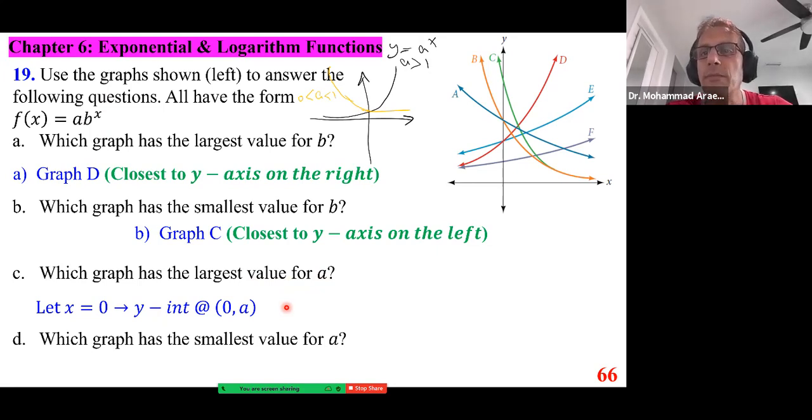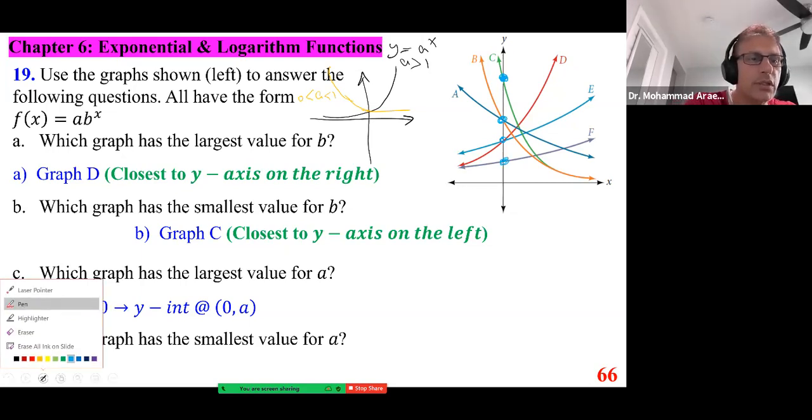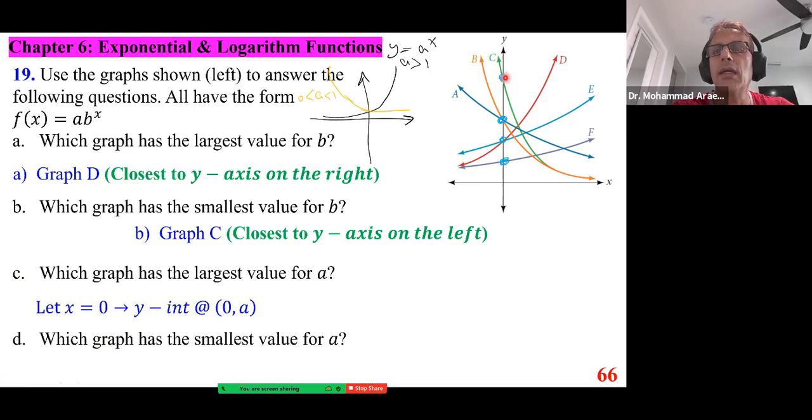So take a look at this one. This is a y-intercept, this is a y-intercept, this is a y-intercept. Let me actually pinpoint all the y-intercepts. This is for one of them. This is for one of them. This is for actually two of them. This is for two of them. Which one is the largest? This guy. This is larger than the rest of them, right?